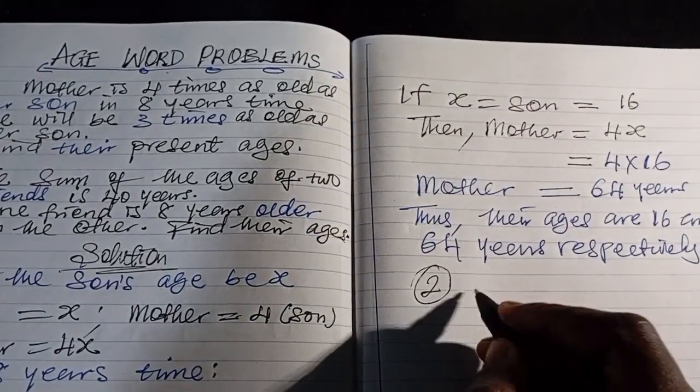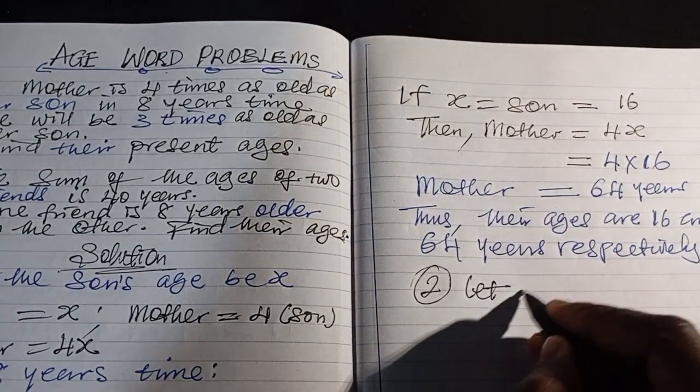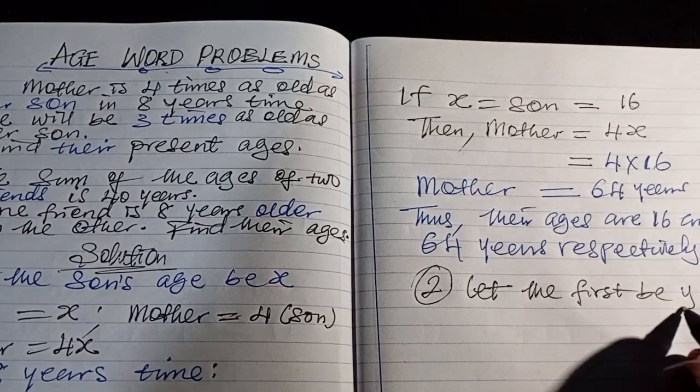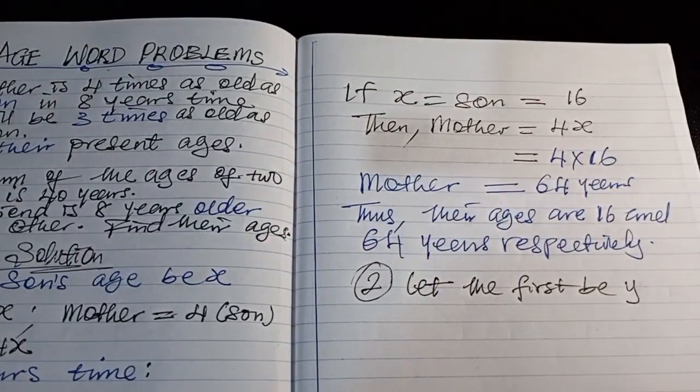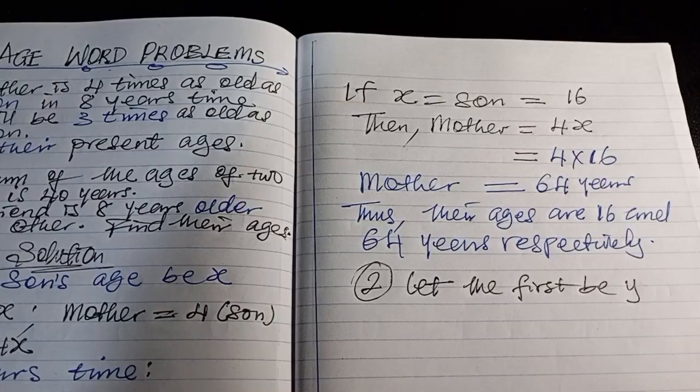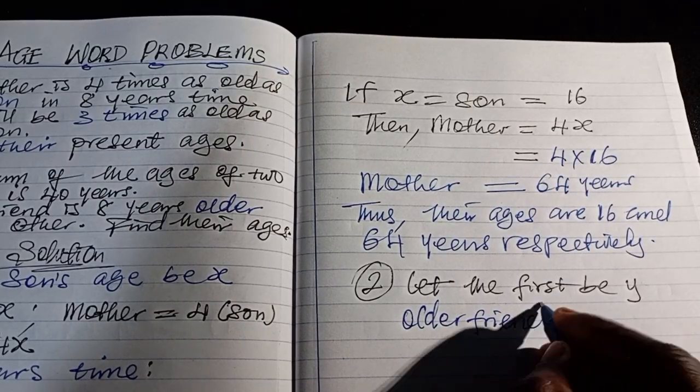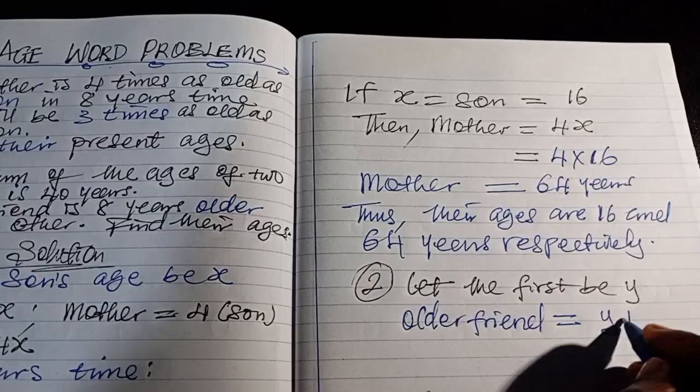So, let the first be y. Then older friend should be this y plus 8.